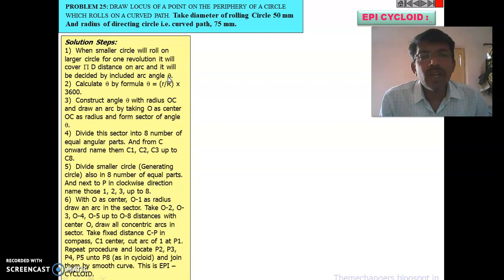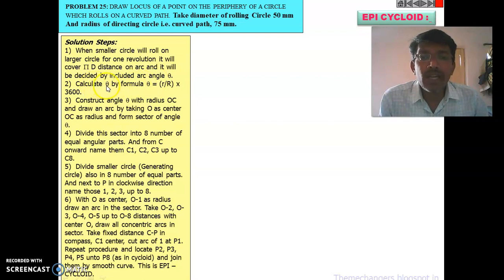In the case of cycloids it is a straight line, so you calculated the length as pi d, the circumference of the circle. But the length of an arc is not the same, so you have to find the angle such that pi d is in the form of an arc.